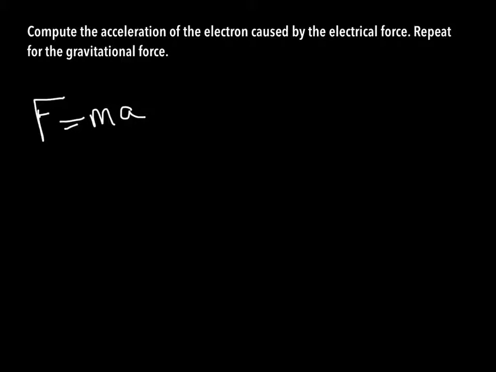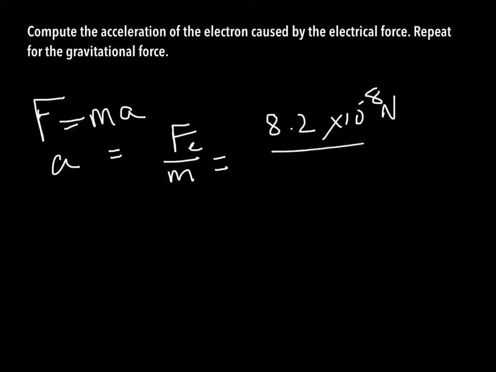So the acceleration is going to be the electrical force over the mass, which is, the force was 8.2 times 10 to the minus 8 newtons, divided by the mass of the electron, 9.11 times 10 to the minus 31 kilograms.